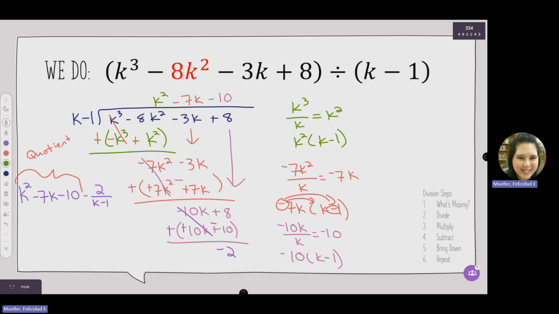And then my remainder, we have a remainder of negative 2. Hopefully, if you're doing these practice problems yourselves, it should be getting easier and easier because we are just doing the same steps over and over.